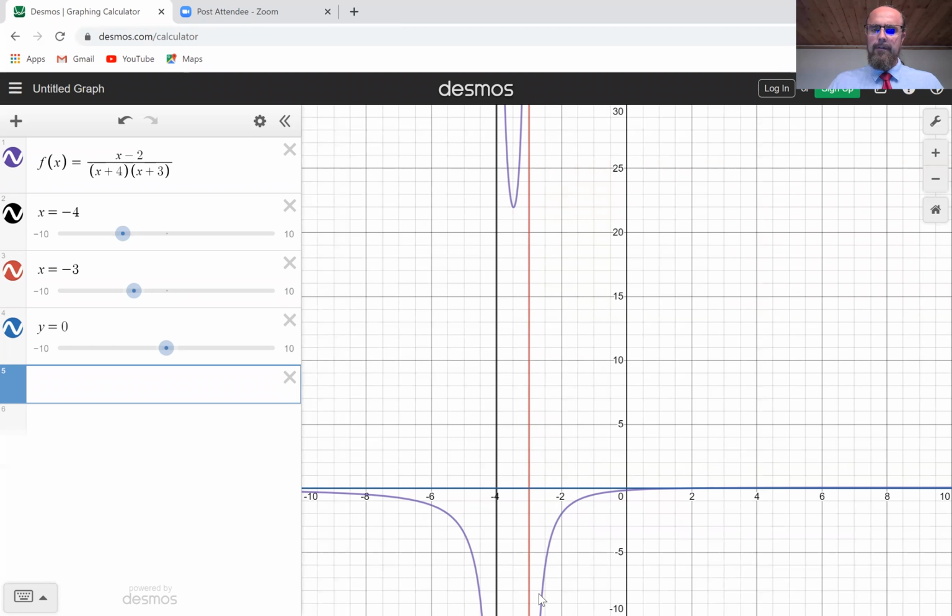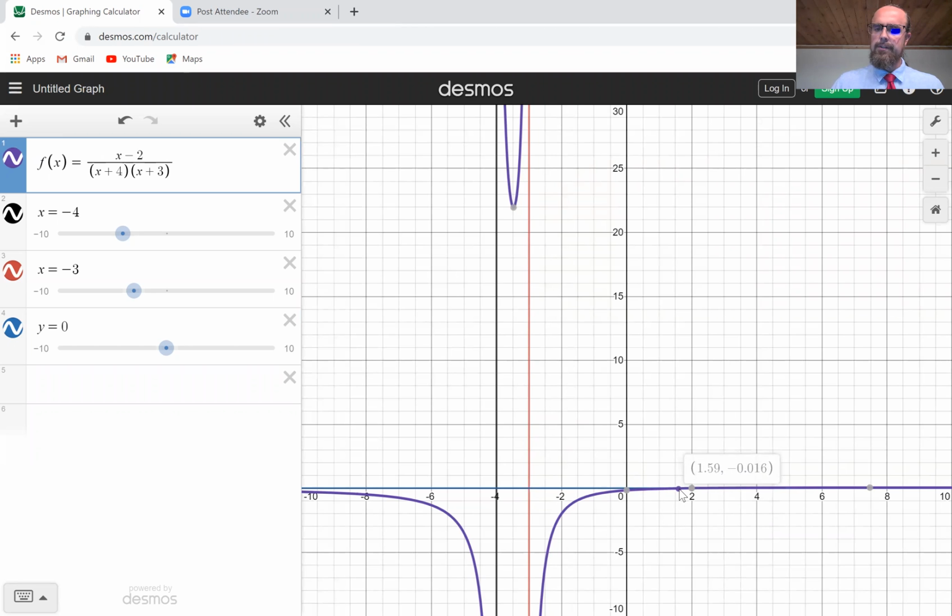On the right of the vertical asymptote at -3, that graph's below the x-axis. Now we did have a solution at 2. So I see that right here at 2, it's a value of 0. On the left, let me make sure to grab onto my actual function. So the function comes up to 2.